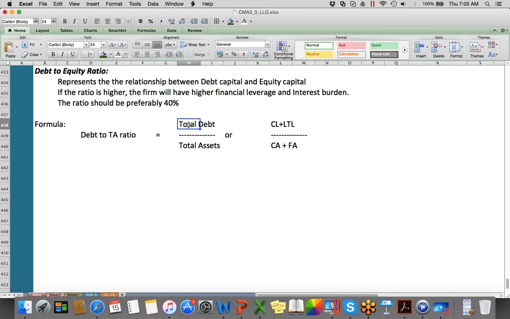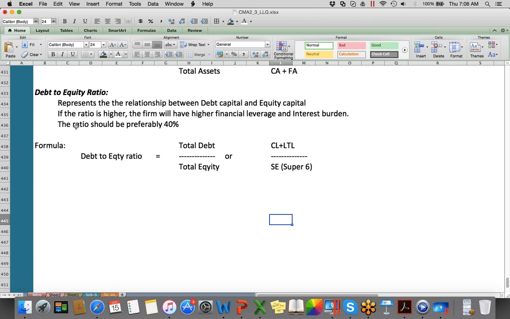Debt to equity ratio: here total debt divided by total equity, that is shareholders' equity. Okay, so this is the formula. Preferably it should be around 50%, but 40% is better.